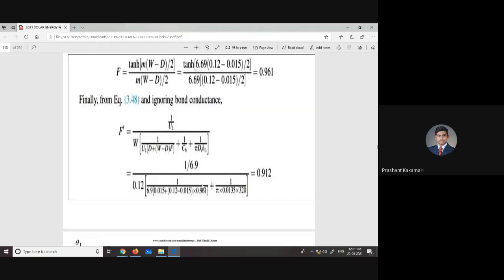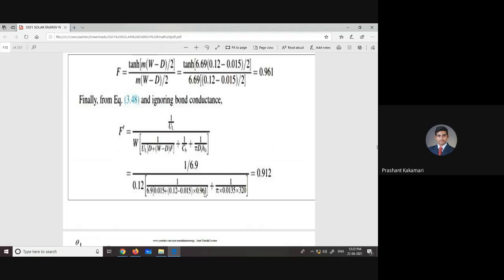Now I can just substitute the values. W is the width of the spacing, 0.12, then UL is 6.9, outer diameter is 0.015 meters. Then the F value is the efficiency of the fin, 0.961. Some books give the F value, some books give the phi value.